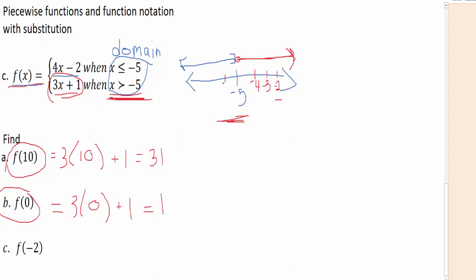On this way, our numbers get larger in absolute value. 6 is larger than 5, but negative 6 is smaller than negative 5, and so on. So we're again going to use the bottom function 3x plus 1. So that's negative 6 plus 1, which is negative 5.